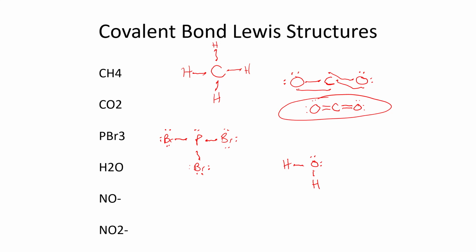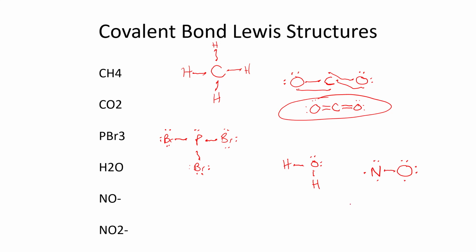NO minus. So nitrogen bonding to oxygen. We have nitrogen, and nitrogen has 5 valence electrons. And then we have oxygen, and oxygen has 6 valence electrons. And we're going to try to form as many bonds as we can.